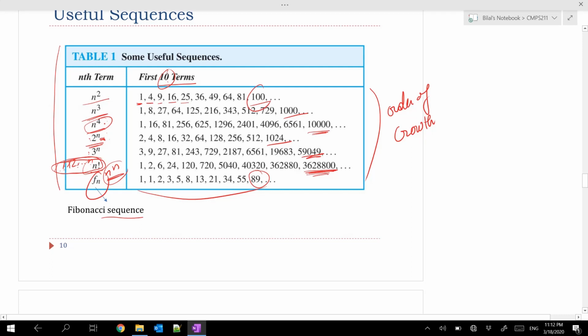I think you will see that it's even worse, because accumulating all these numbers, the sum of all these numbers, is something on the order of n cubed. Doing all of these, the total of all of these terms is something to the power of four, and so on and so forth.